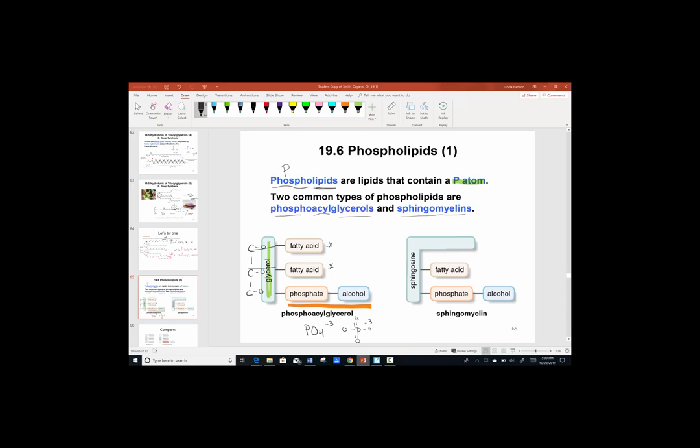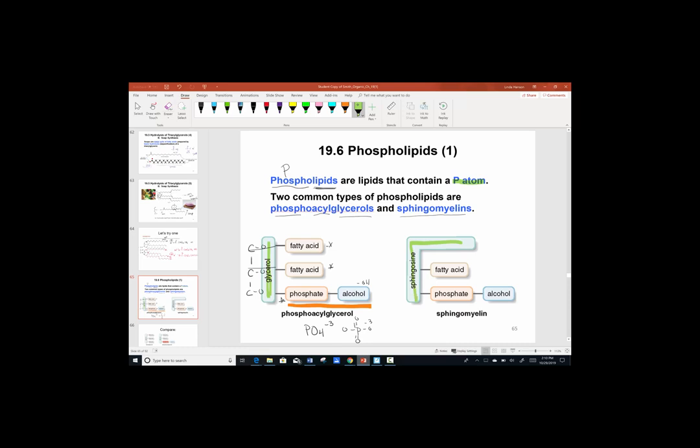And then that phosphate is leading out to an alcohol, an OH group. So what makes a phosphoacylglycerol molecule different from the fatty acids we were studying before is this third attachment involving the phosphate linkage.